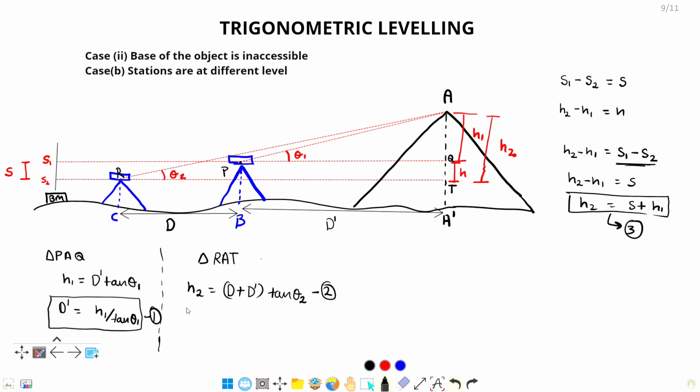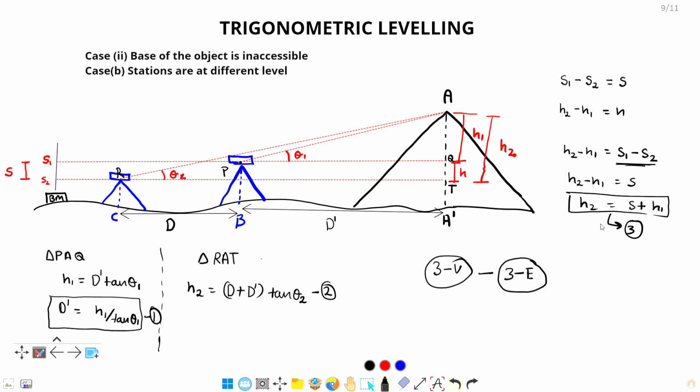So I am having here D dash, H1, H2, 3 variables, and also I am having equation 1, equation 2 and equation 3. So 3 variables and 3 equations. If you are an engineer, you know how to solve 3 variables and 3 equations.